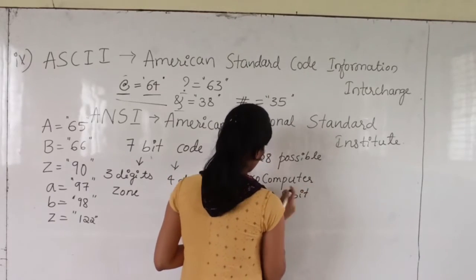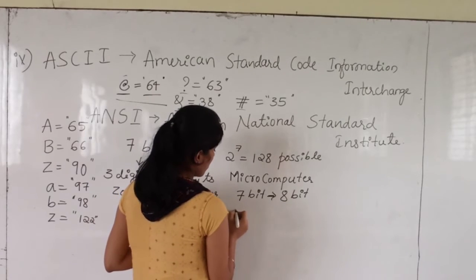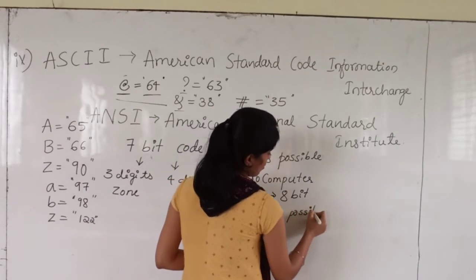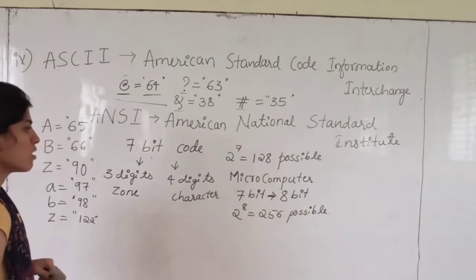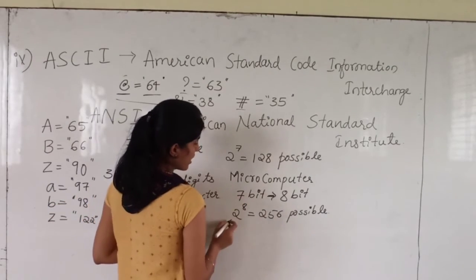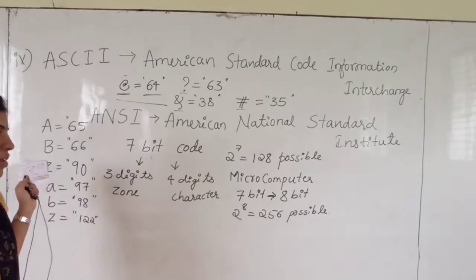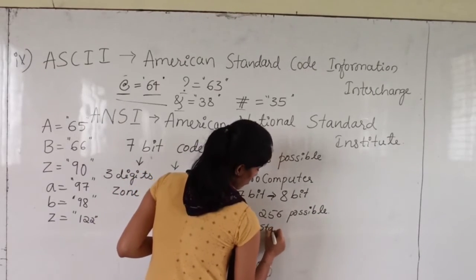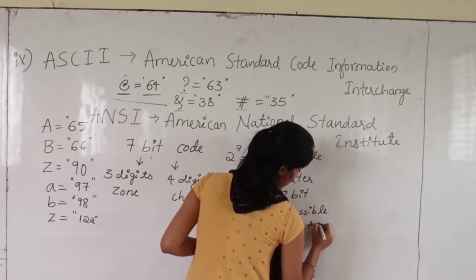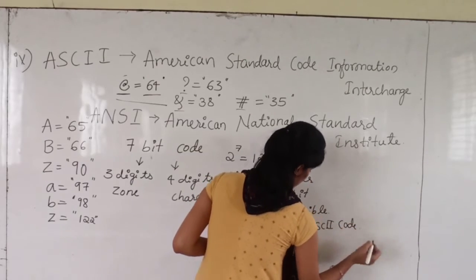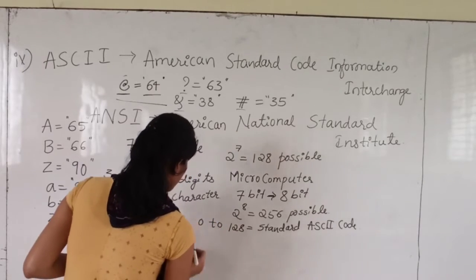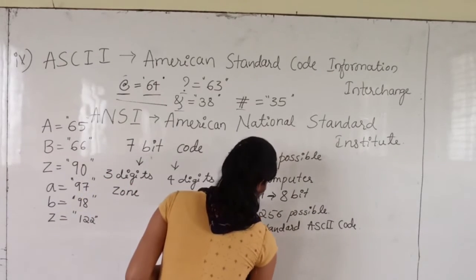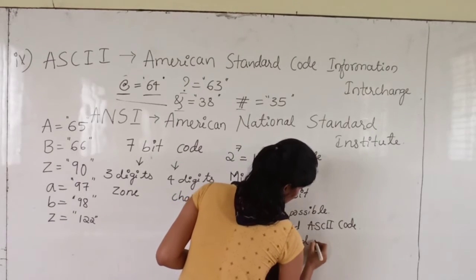The possible values then become 2^8, meaning there are 256 possibilities for showing characters. Of these 256, 128 are standard ASCII codes, meaning 0 to 127, and the remaining 128 are extended ASCII codes.